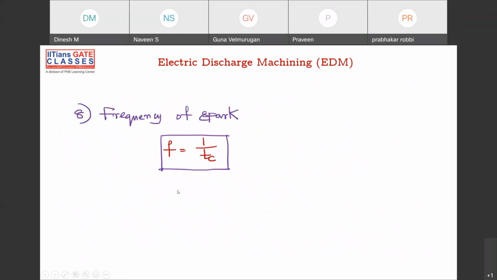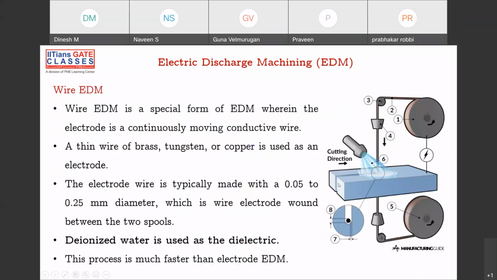But let's say you want to cut a big thicker plate. This is a plate, and you want to cut it into two halves. You can cut that very nicely with the help of wire EDM. Same mechanism. There, they are dipping the workpiece and tool in dielectric fluid, right?